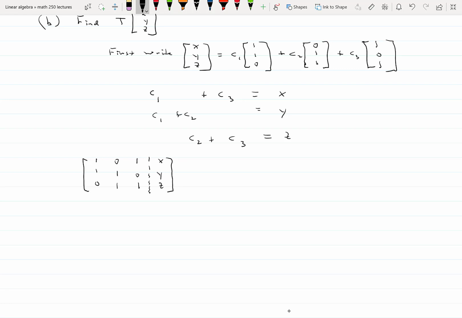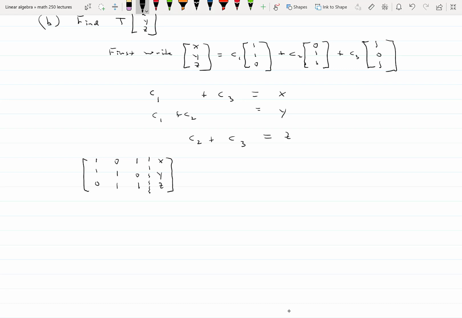And this is not easy. It's not difficult either. It's just you have to keep track of signs and do this by hand and keep track of sums and differences of multiples of x, y, and z, etc. You've done this before, and it's not that difficult. It's just time consuming. But it occurred to me that we could also use matrix inverses to do this.